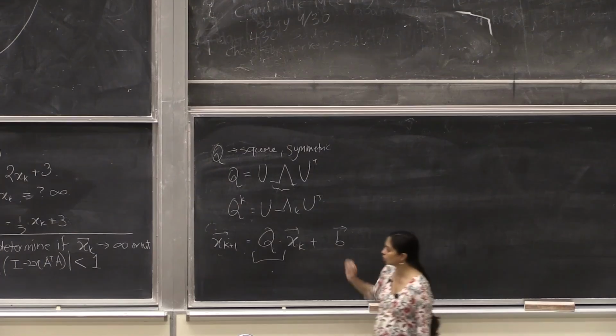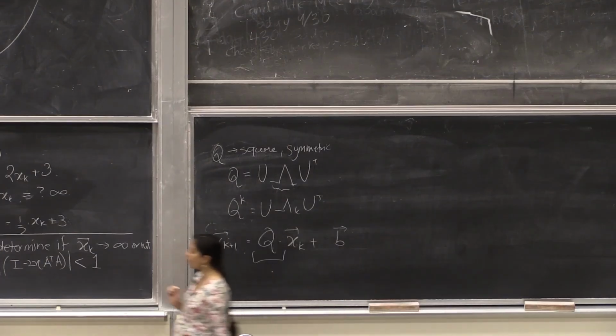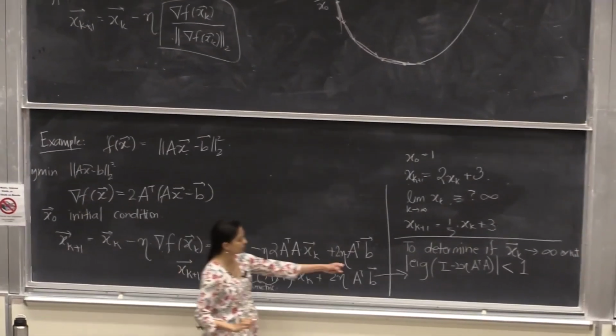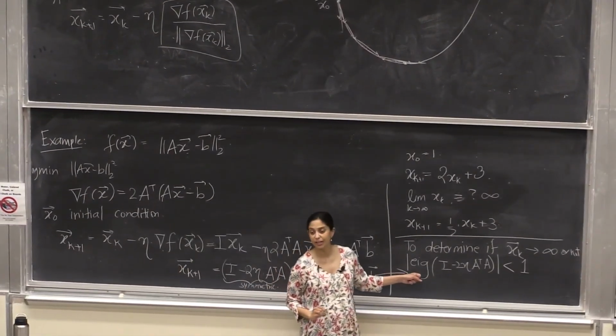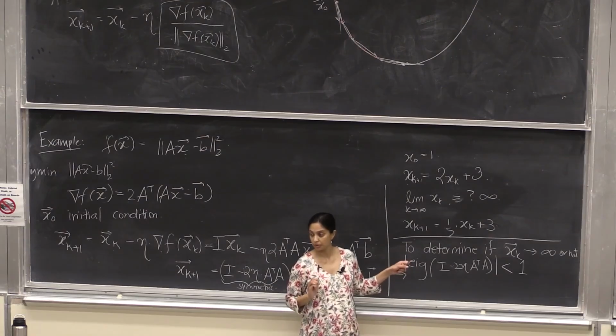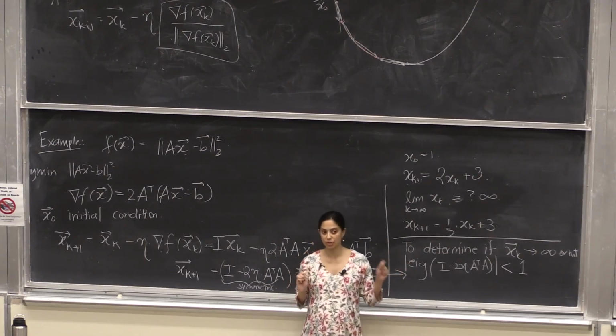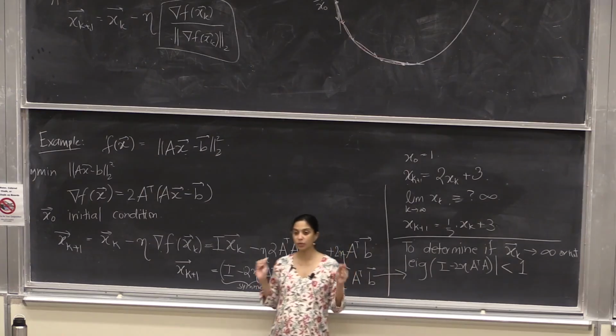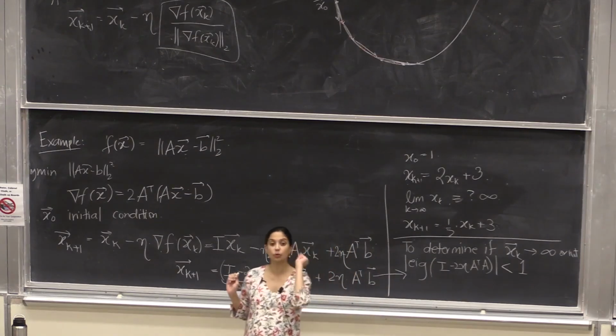Okay, good. So now we have some sense of why this matters. And I want you to notice here that I'm saying the absolute value of the eigenvalues needs to be less than 1. Is this for each eigenvalue? Every single eigenvalue has to be less than 1 in absolute value. If you have even one eigenvalue that's greater than 1 in absolute value, in that direction you will blow up.